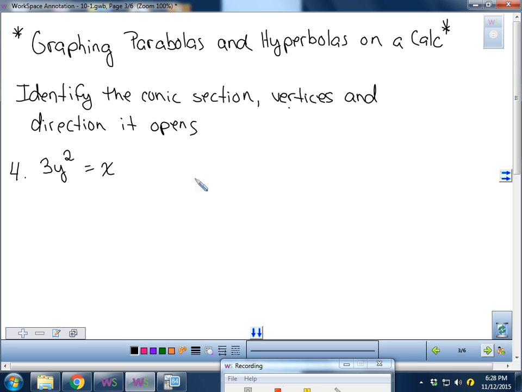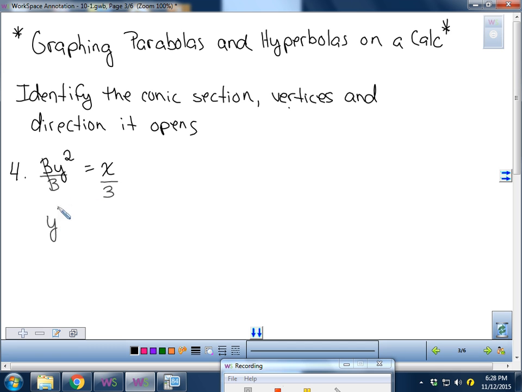All right, so we're going to identify the conic section, the vertices, and the direction that it opens. So instead of doing intercepts, we are now doing vertices because these do curve, all right, and point in some direction. But we still always solve for y. So in order to graph number 4, the first thing we'll do is divide by 3.